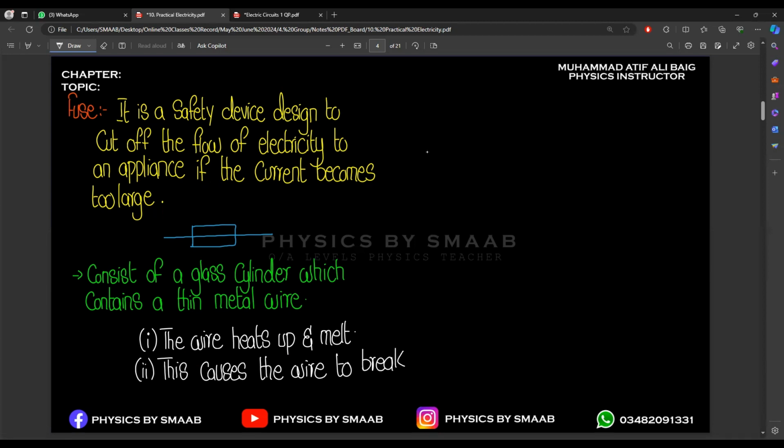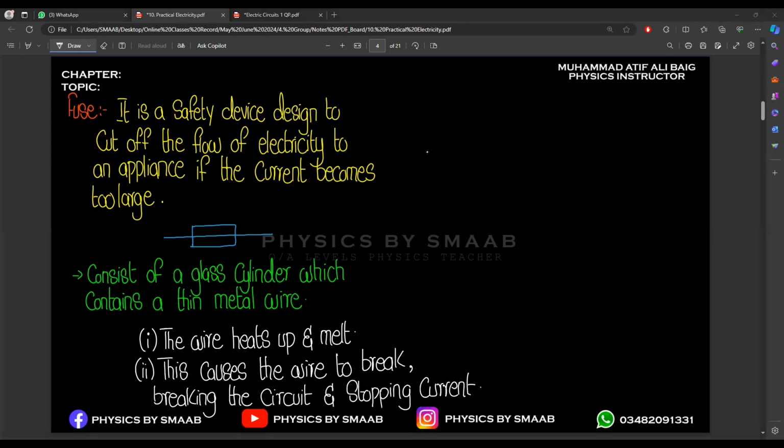So this causes the wire to break, and it will help us in breaking the circuit and stopping the current. Okay.